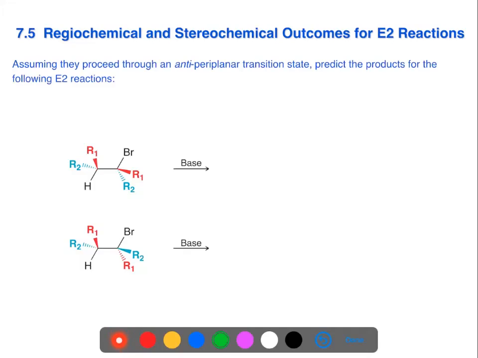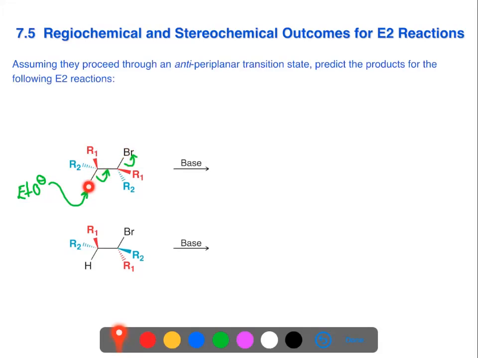So the base isn't specified, but let's use ethoxide. And our curved arrow, we have the hydrogen leaving as a proton, formation of our pi bond, and loss of the leaving group. And so what we want to focus on is when these four atoms are coplanar, particularly anti-periplanar.